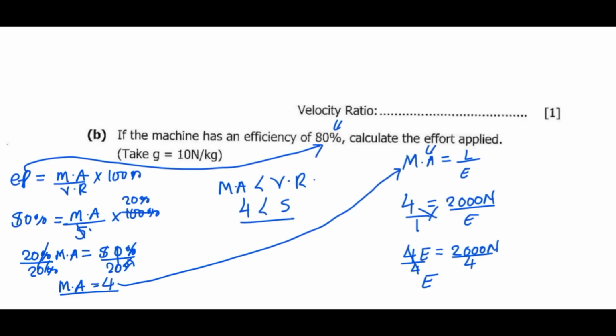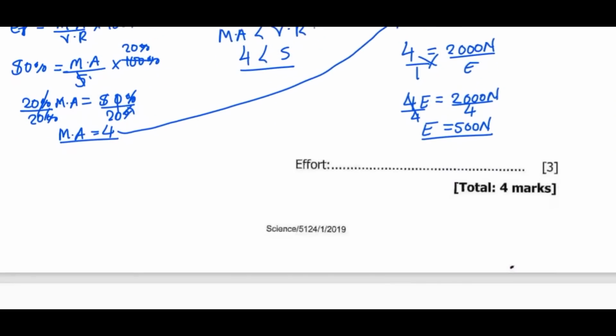So I'm getting 500 newtons as an effort. Remember, the effort must be less than the load, because if the effort is greater than the load, then this setup is not making sense, or is not qualifying to be a machine, because a machine is designed to make the work easy.